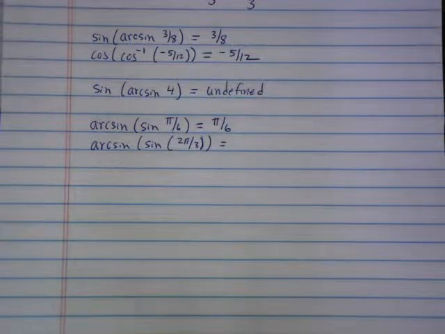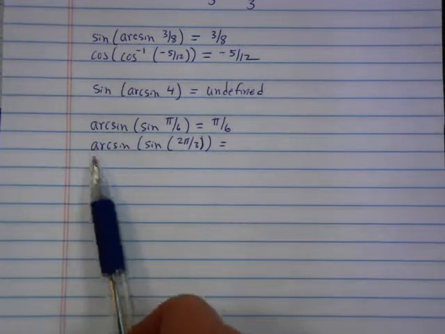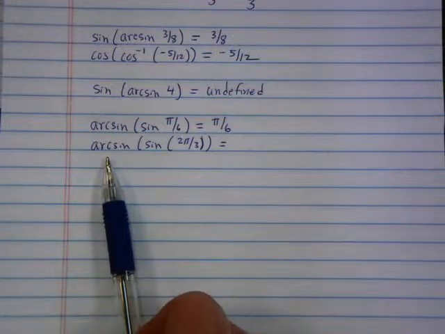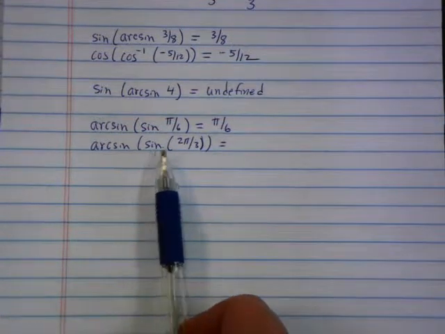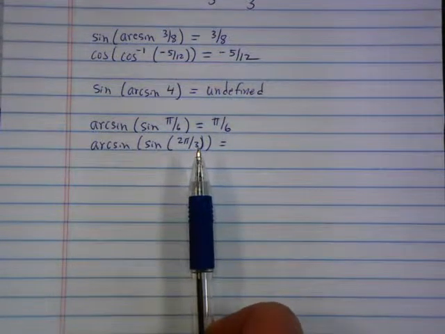I can do it, but the answer is not 2 pi over 3. How come the answer cannot be 2 pi over 3? 2 pi over 3 is outside of the acceptable range of arc sine. So here's what you have to do with this one. You actually have to work out the sine of 2 pi over 3. What's the sine of 2 pi over 3?